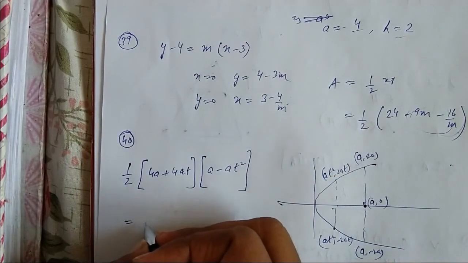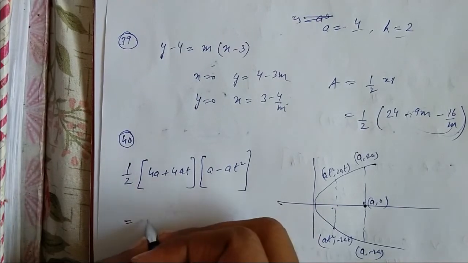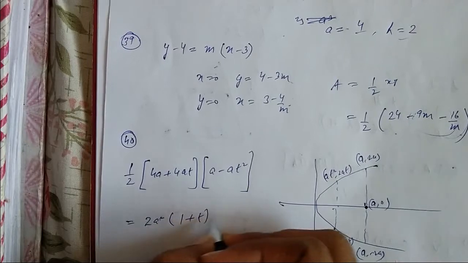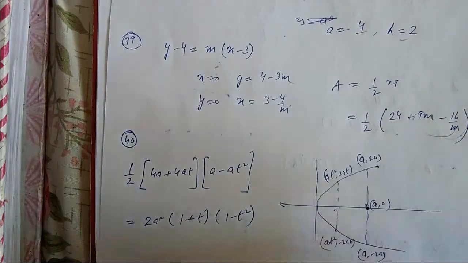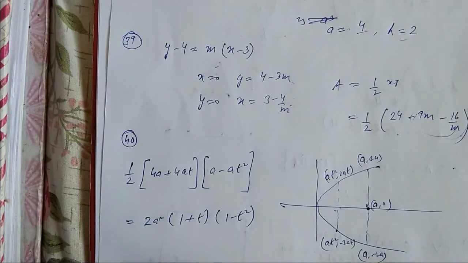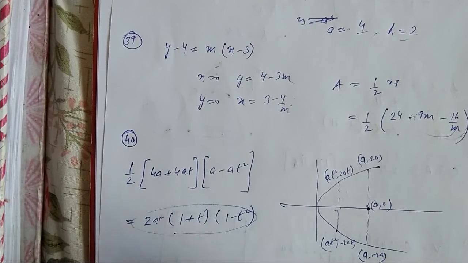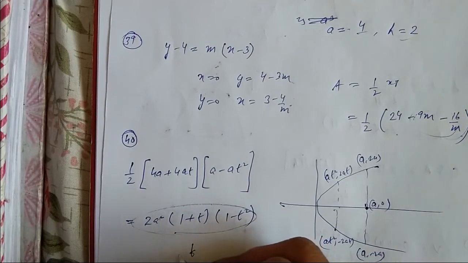which would be 4a common, so 2a² (1 + t)(1 - t)². So we need to calculate the maximum value of this expression as t belongs to 0 to 1.